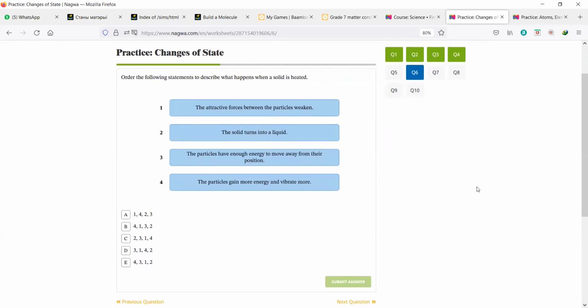Order the following statements to describe what happens when a solid is heated. What will be the first one? Let's start with the first step. 4. Right. So the particles gain more energy and vibrate more. 1.